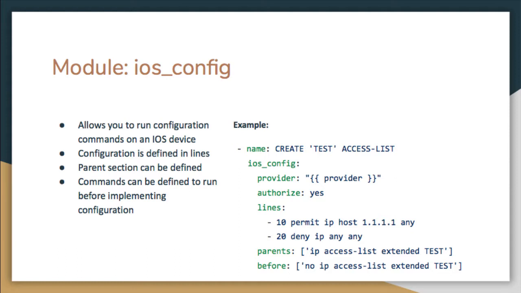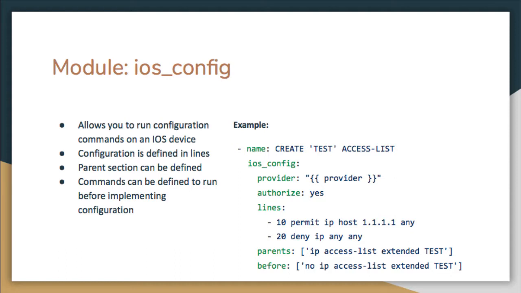We call the iOS config module. Again, we send the provider. Authorize yes means this is letting the module know that we have to go into enabled mode on this iOS device. Then you see the lines that we want to pass in the configuration.